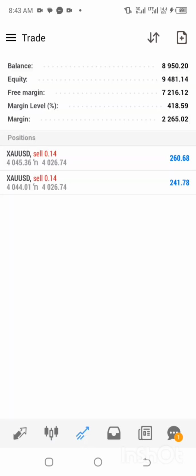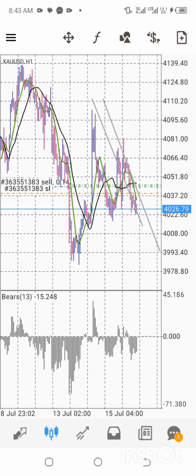39.92. Or I can set it differently. I can put the first take profit for the first trade somewhere here at this level and set the second one at this level. So we don't want to be greedy.